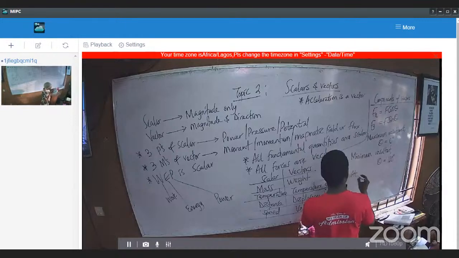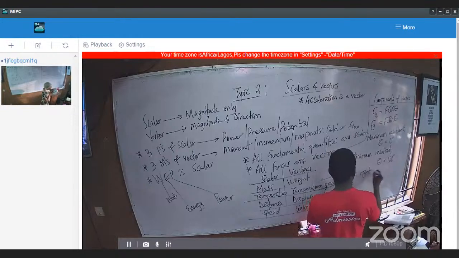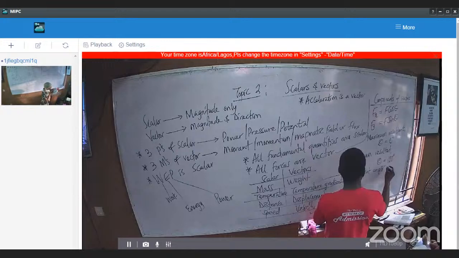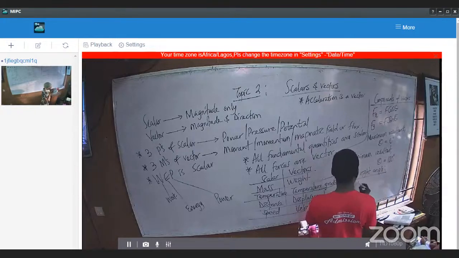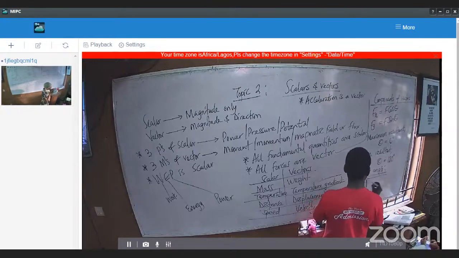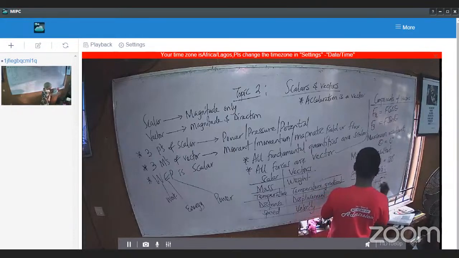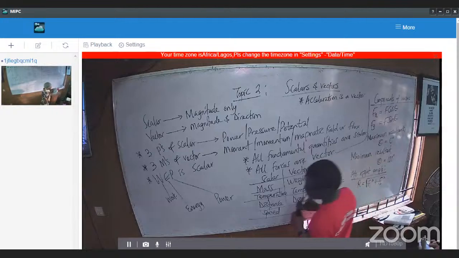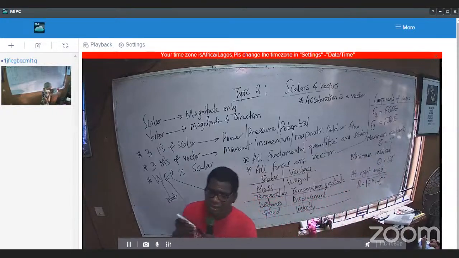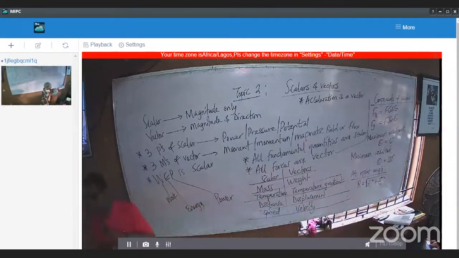At right angle, our resultant is the square root of F1 squared plus F2 squared. Topic 2 is over. That's all you need.